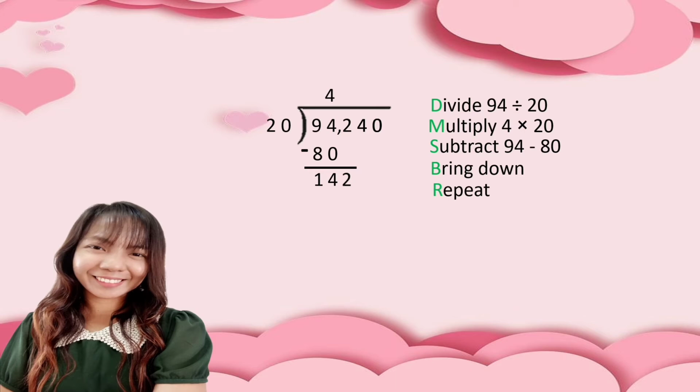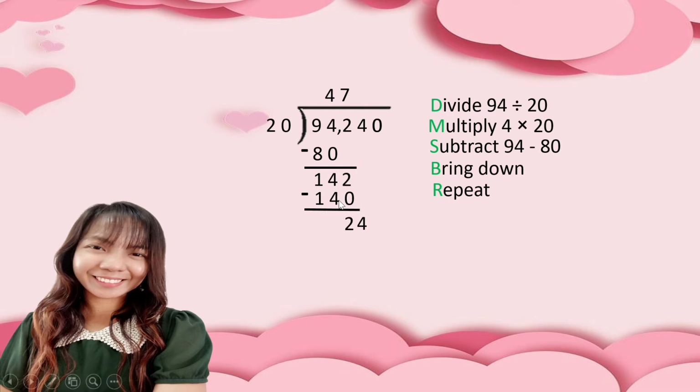Okay, so repeat the process. Let's go back to division. 142 divided by 20. The answer is 7. After dividing, multiply. 7 times 20, 140. And then subtract. So 2, and then bring down 4.